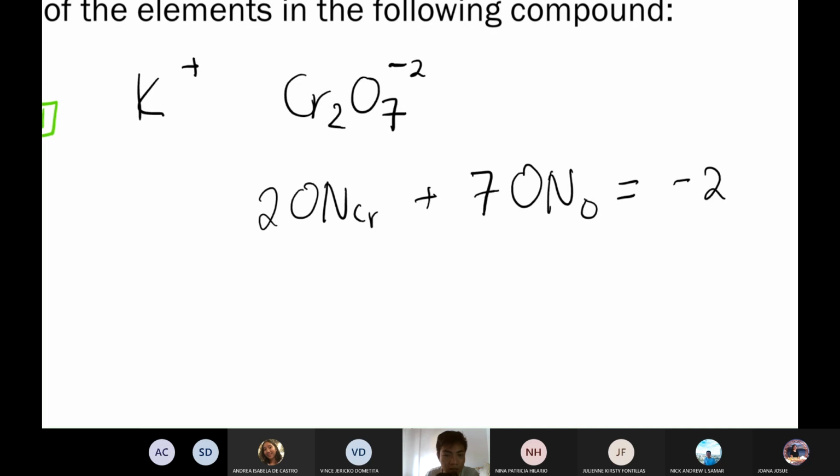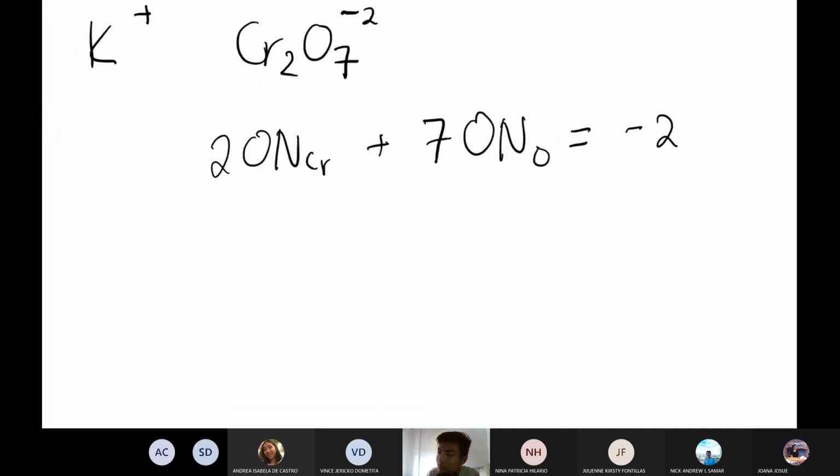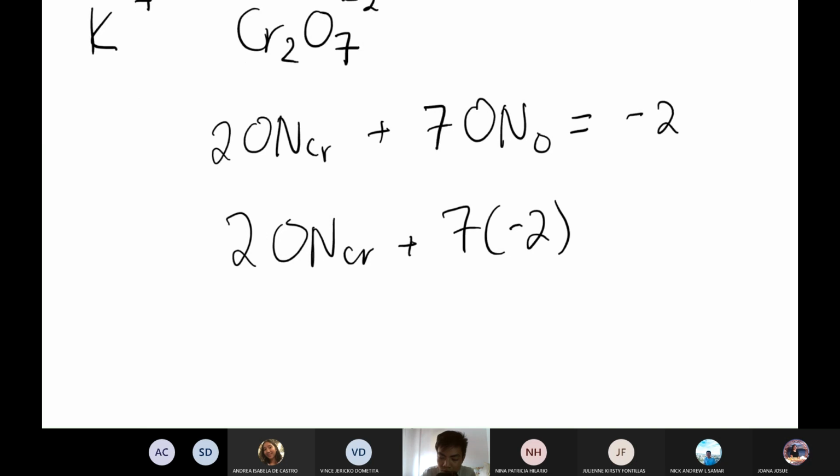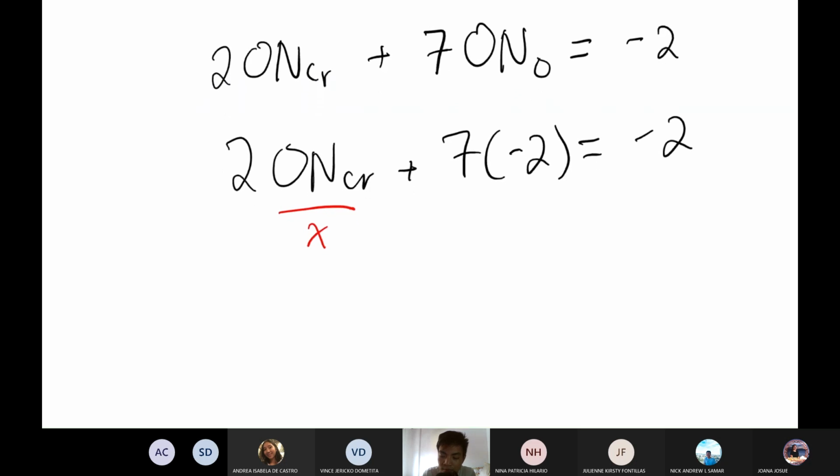Equal yan sa charge na -2. We just know that oxygen is -2. Bakit? Kasi ito ay hindi peroxide. Wala tayong peroxide bond dito. Okay? So we are just looking for the chromium. Let this be X para mas madali.